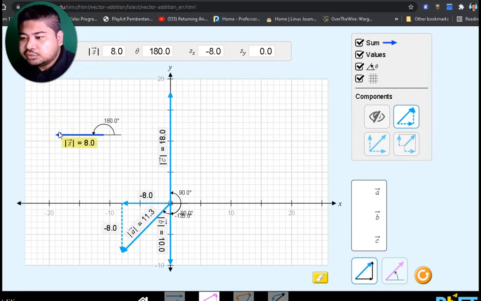Alright, we are going to prove that this is actually the solution for the question.